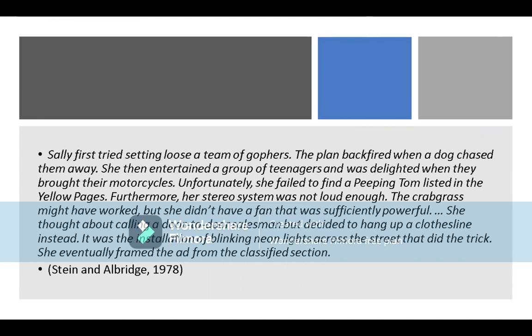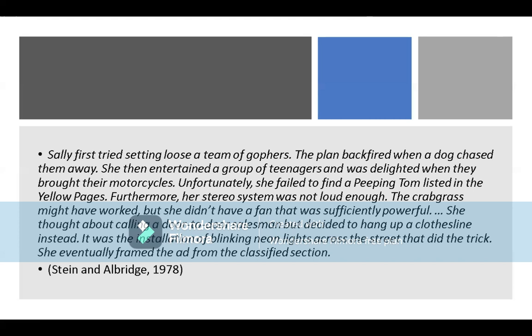Furthermore, her stereo system was not loud enough. The crank call might have worked, but she didn't have a fan that was sufficiently powerful. She thought about calling a door-to-door salesman, but decided to hang up a clothesline instead. It was the installation of blinking neon lights across the street that did the trick. She eventually framed the ad from the classified section.